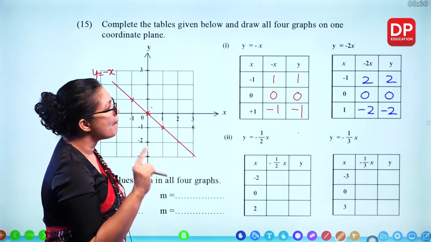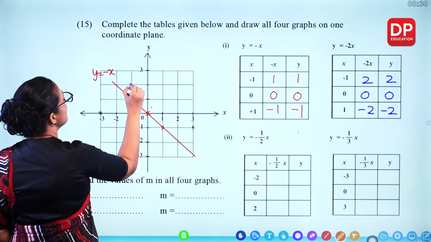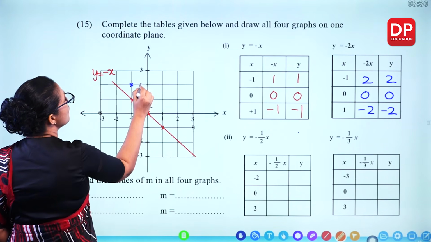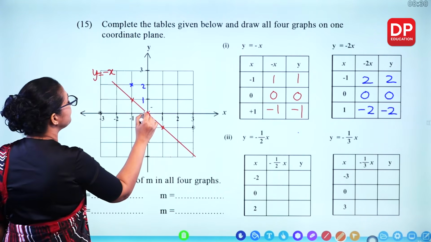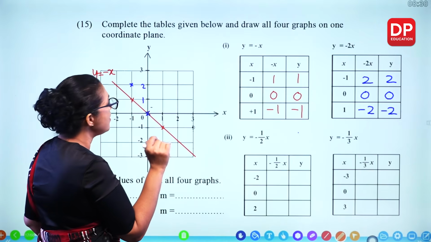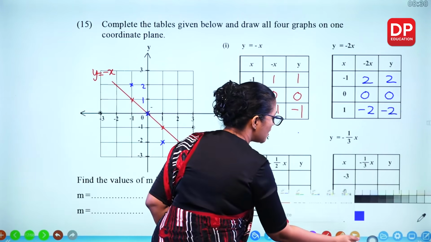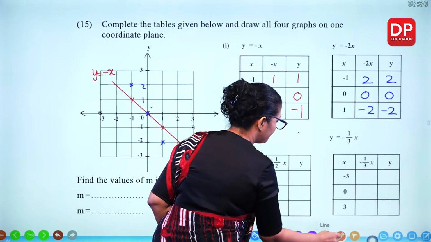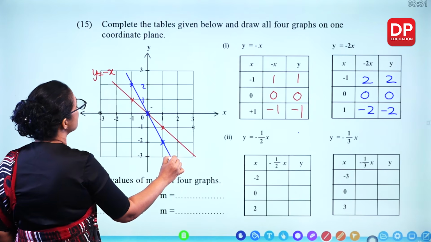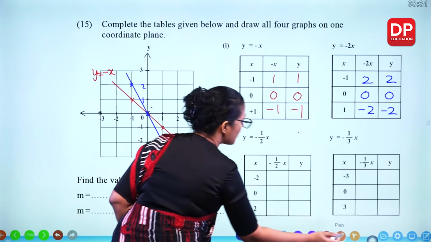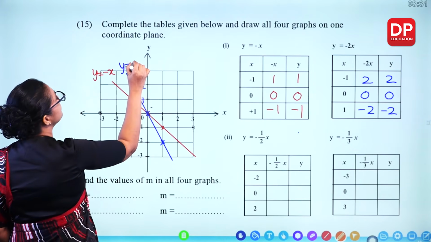Ordered pairs: -1 with 2, which is a positive y value; 0, 0; and 1, -2. Now try to connect with a ruler. You get a straight line like this. What's the equation? Y equals -2x.